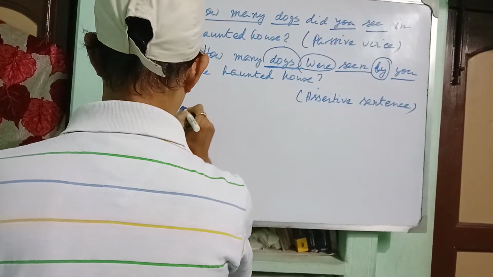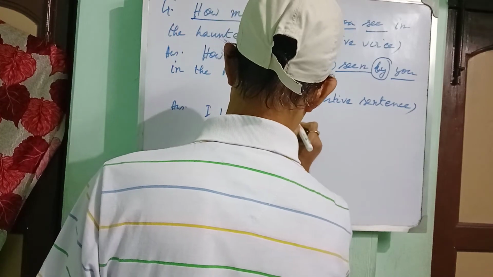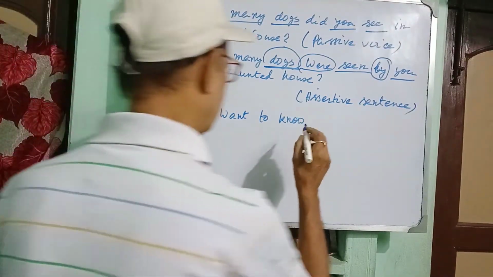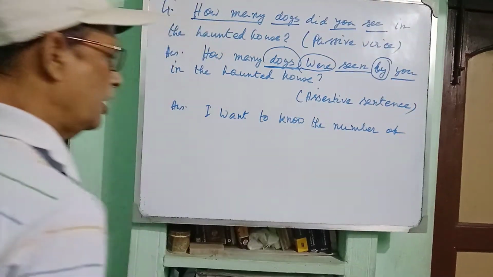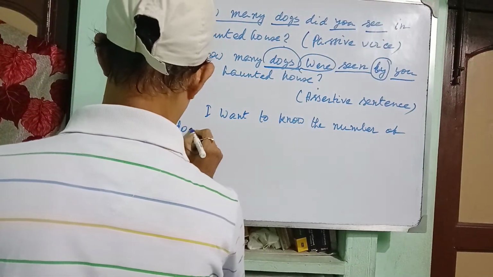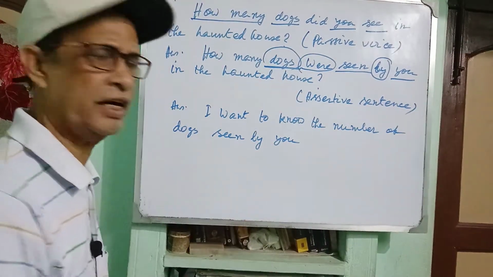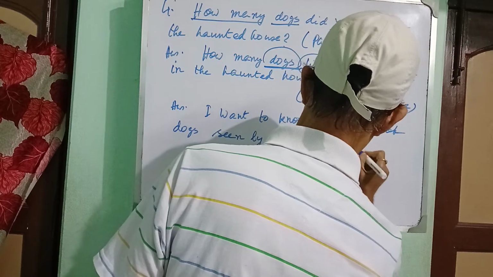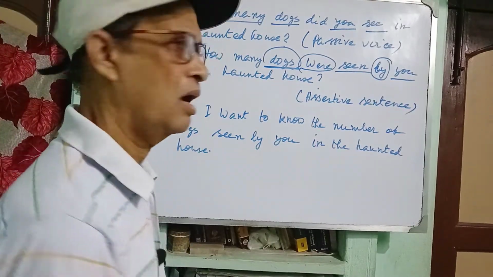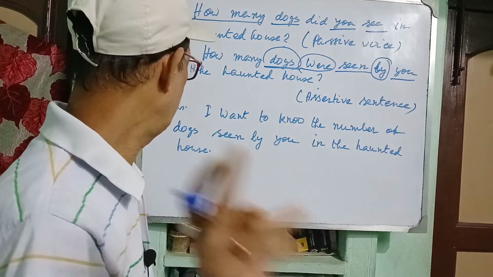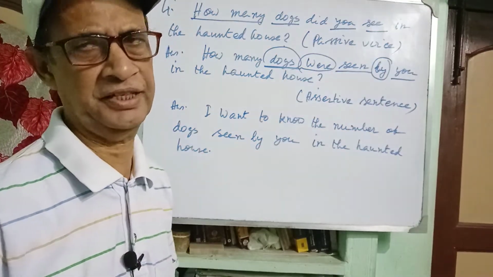Answer: I want to know the number of dogs seen by you in the haunted house. It is an example of an assertive sentence.